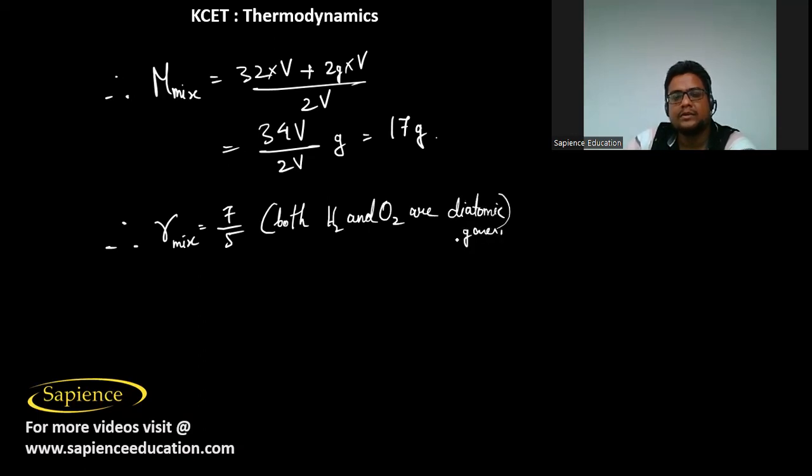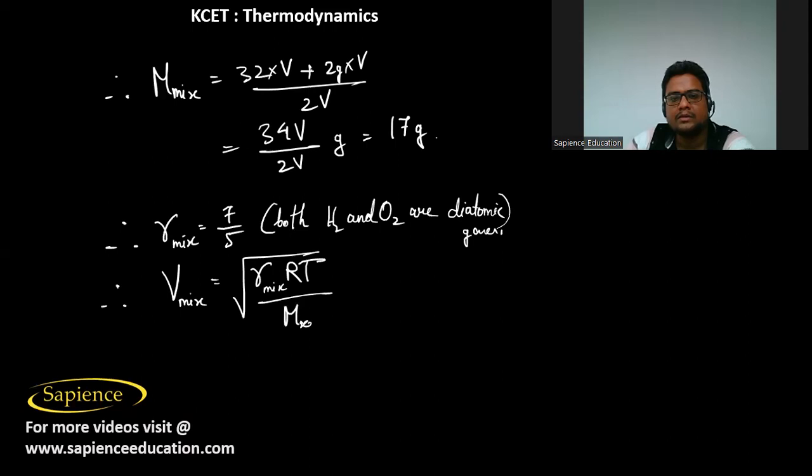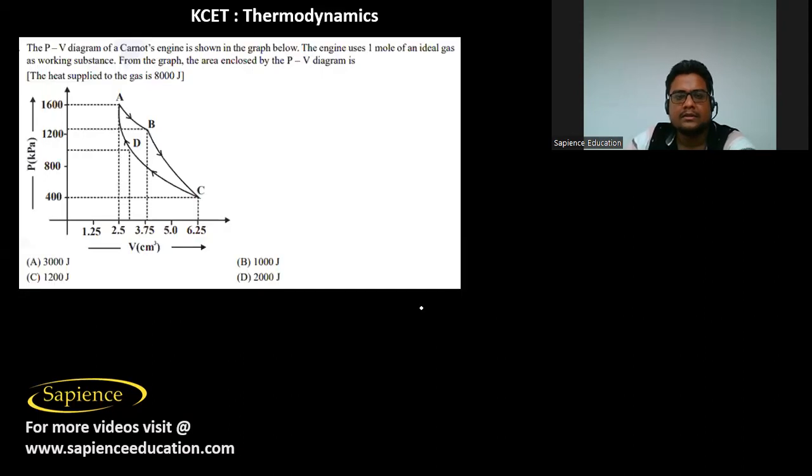So now the velocity of sound in the mixture will be equal to the square root of gamma mixture into RT by the molar mass of the mixture, that is 7 by 5 RT by 17.